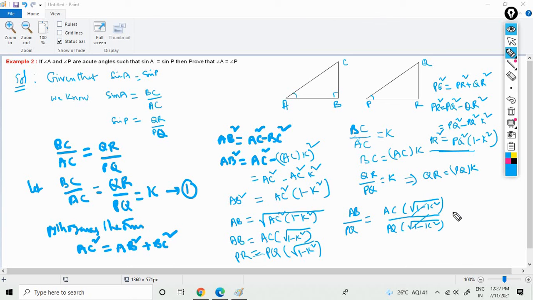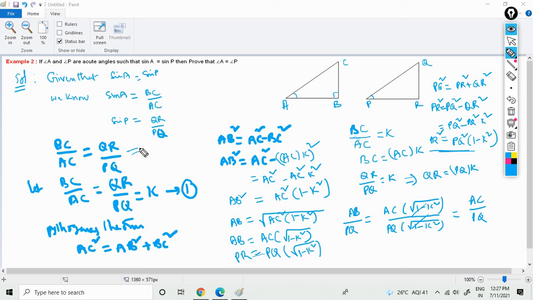This will get cancelled. The value is AC by PQ. So AB by PQ is equal to AC by PQ.